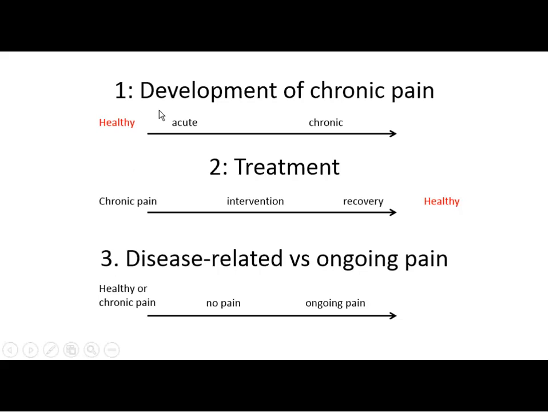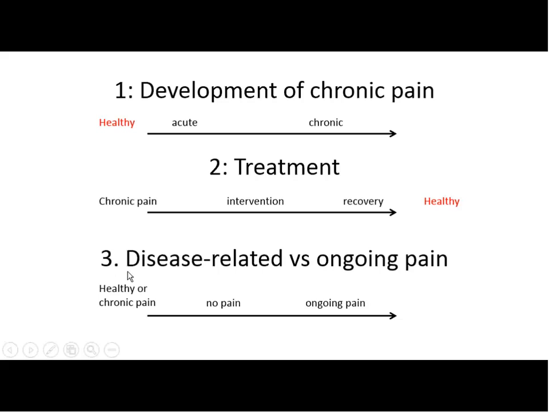So essentially, we look at how the brain changes in a healthy state through acute pain and the transition from acute to chronic pain. And then once an individual has chronic pain, we can use an intervention and follow the brain change through recovery and back to a healthy brain again.